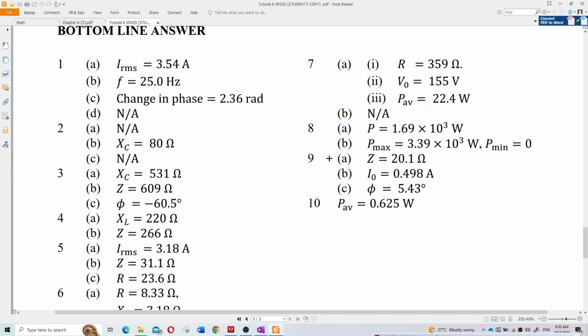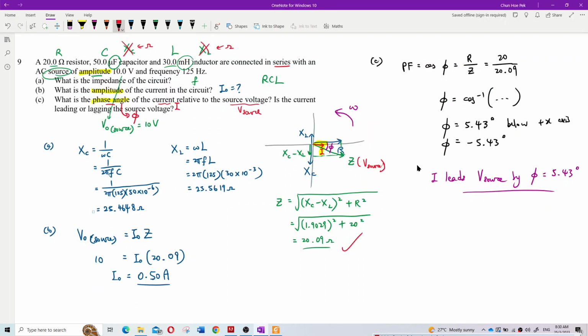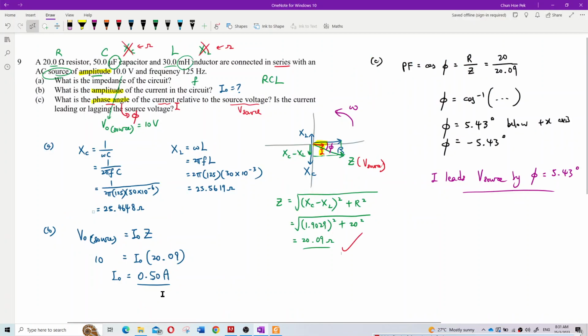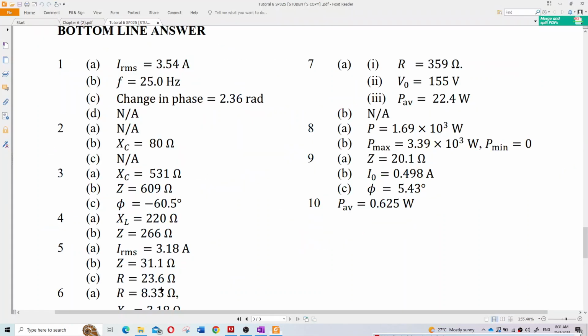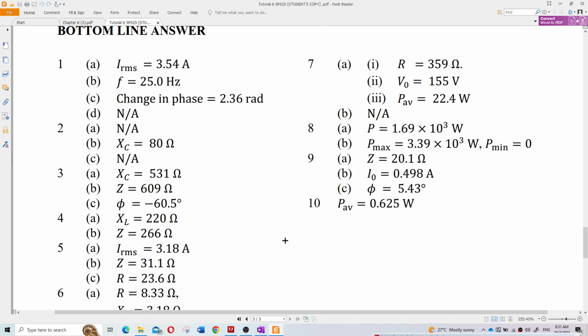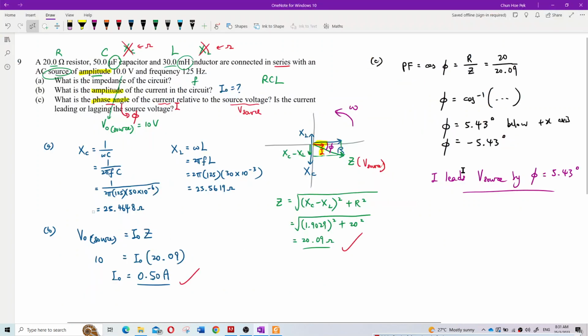Let's check the answer for question 9A. Z is 20.1 ohm. Yeah, that's correct. And then B, the peak current is 0.498 ampere, so it's around 0.50 ampere. It's nearly correct, the same. And then what is phi?